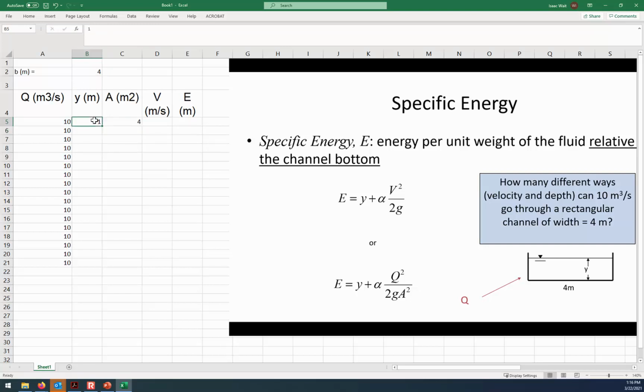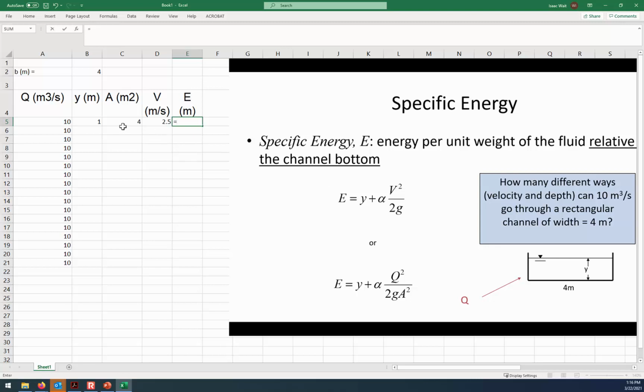Okay, so if the depth is 1, and we know we've got 10 cubic meters per second going through there, this would be the area. Now the velocity, of course, is just flow rate divided by the area. And now for the specific energy, we're going to use this formula here.